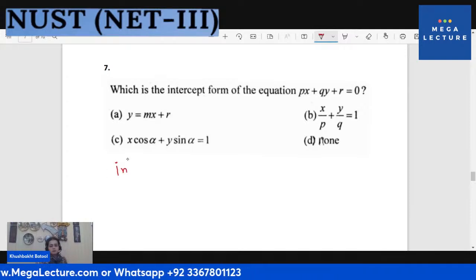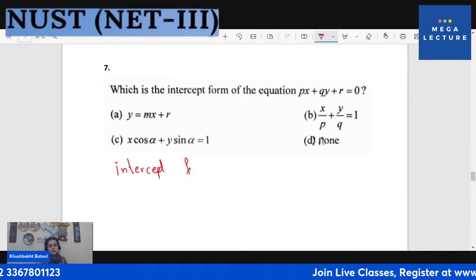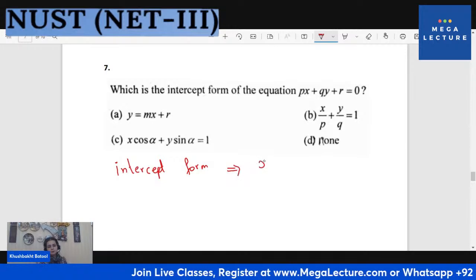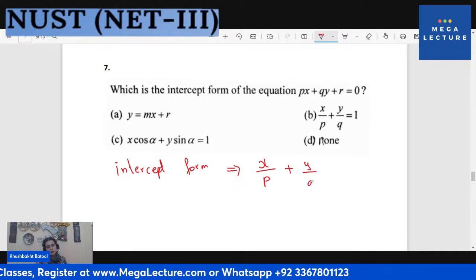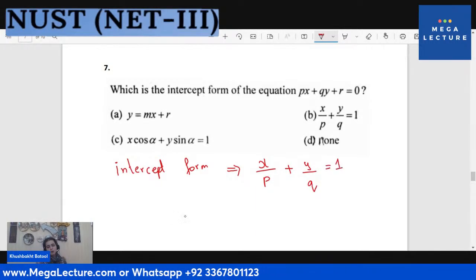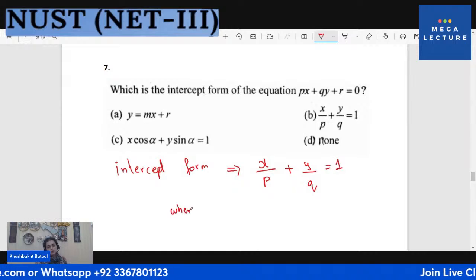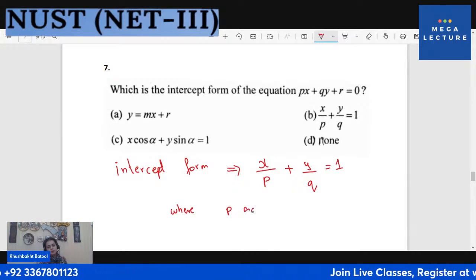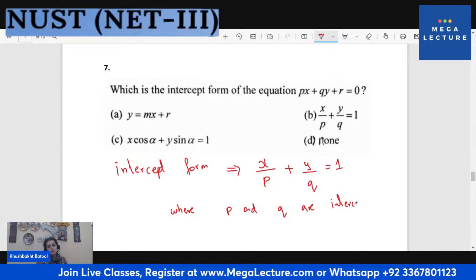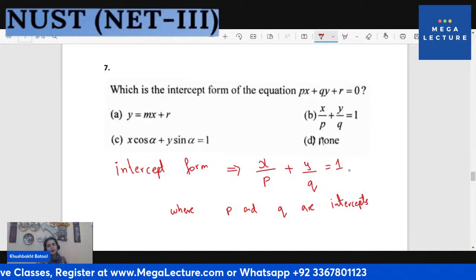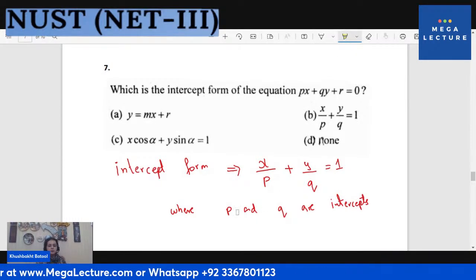The intercept form is basically written this way: x by p plus y by q equals 1, where p and q are the intercepts. This is what you need to understand.